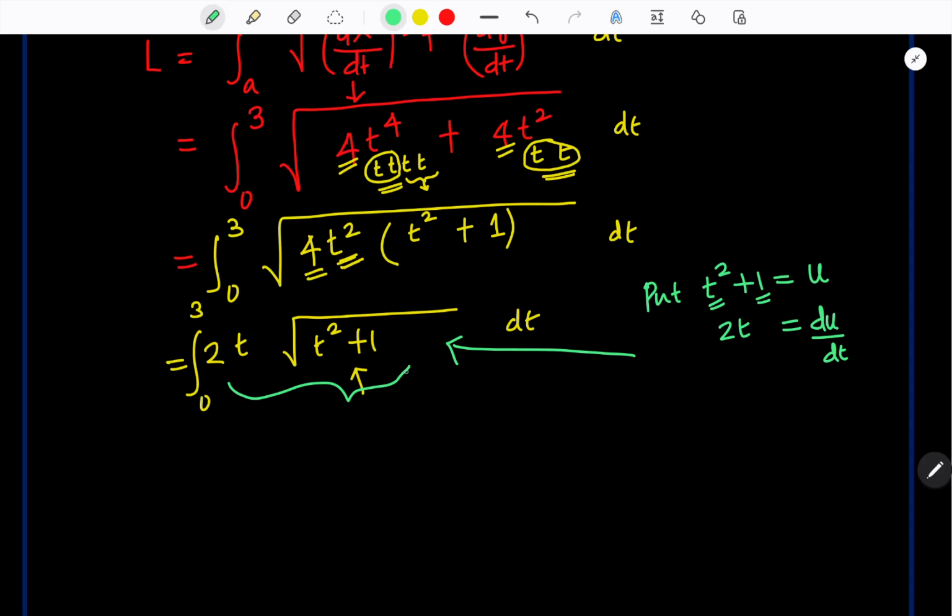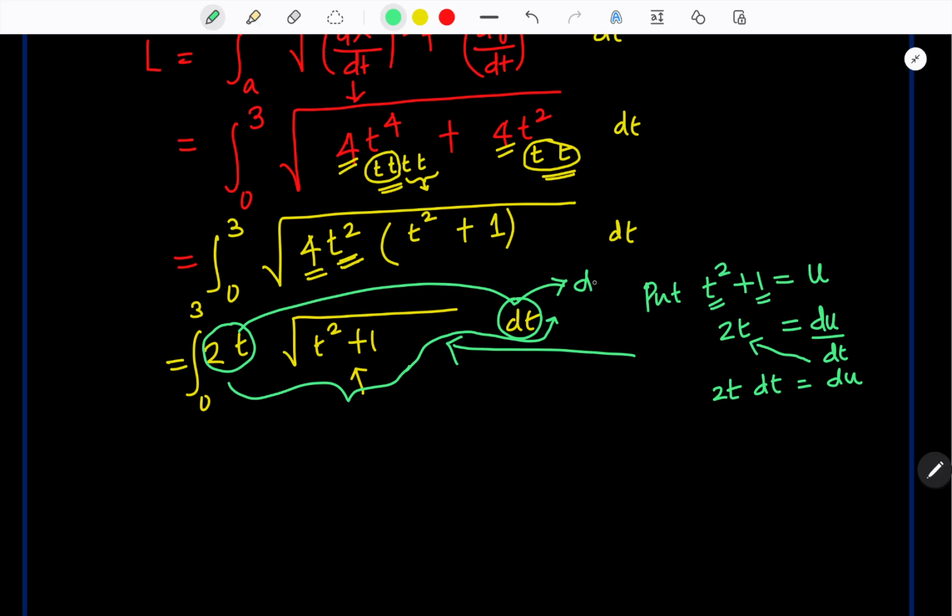Everything you need to convert in terms of u, including dt also. I can see this 2t and this dt, so there is a chance here. I'm going to cross multiply, so 2t dt is equal to du. So this 2t dt, I'm going to write as du.